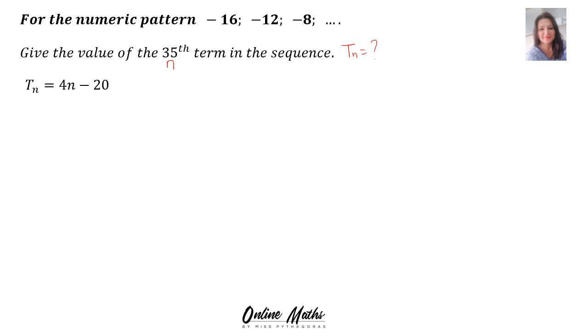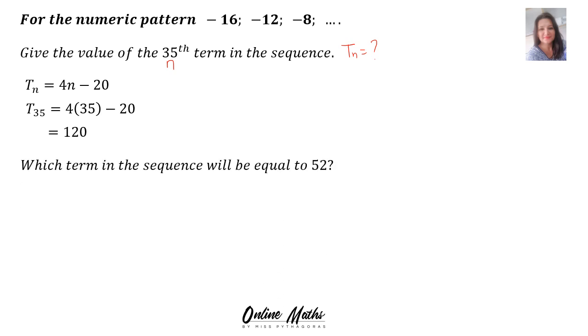Into the formula, Tn is equal to 4n minus 20, the formula for the general term for that sequence, in n's place, we substitute 35. Therefore, the answer is 120. So what does that mean? That means the value of the 35th term is equal to 120.